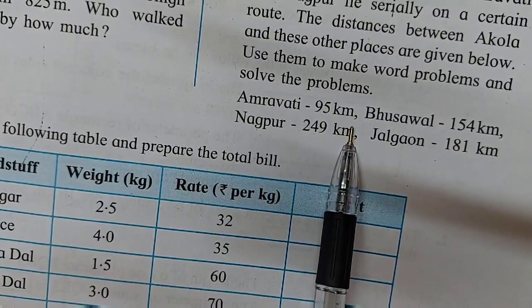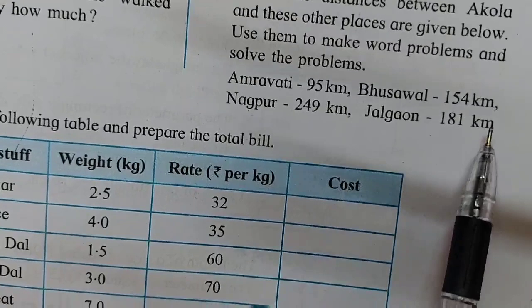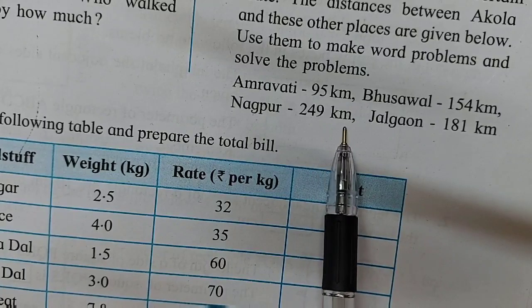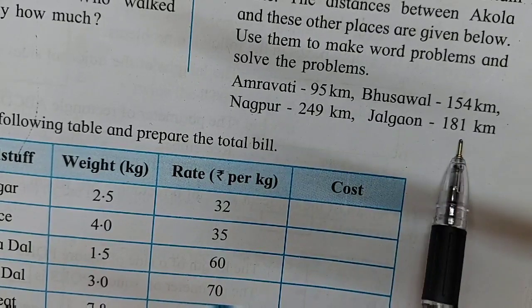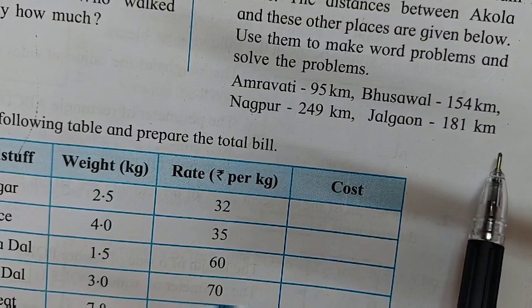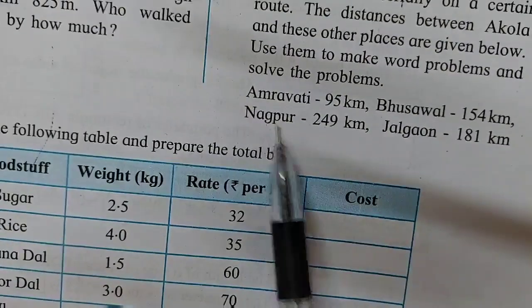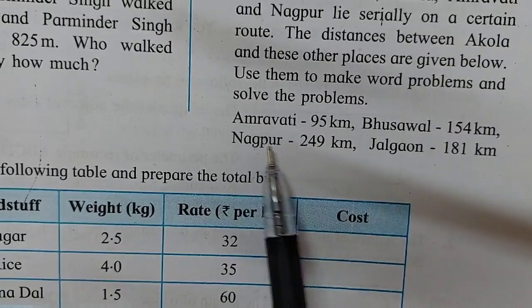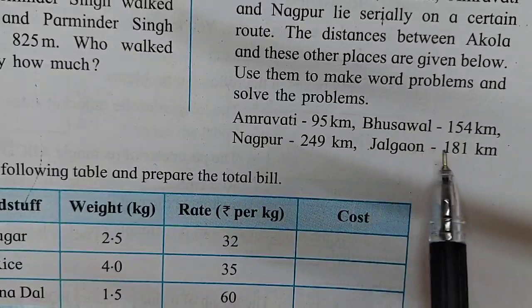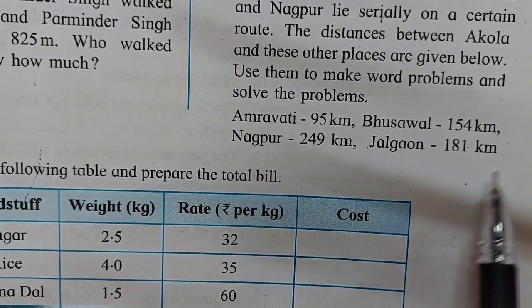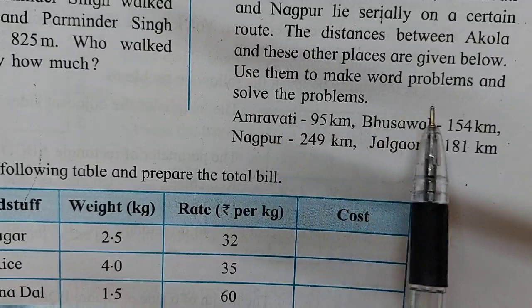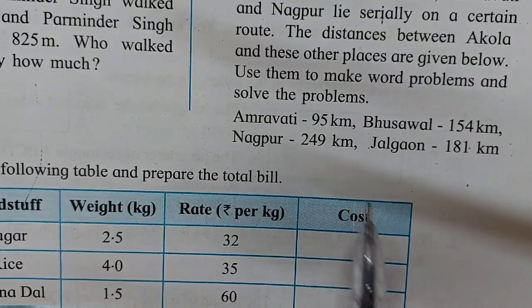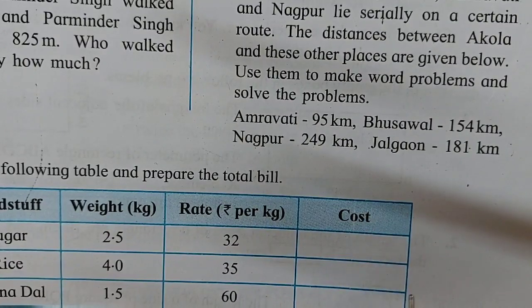Amravati is 95 km, Bhusawal is 154 km, Nagpur is 249 kilometers and Jalgaon is 181 km. Did you understand the question children? Now these distances are given from Akola. Akola to Nagpur is 95. Akola to Bhusawal is 154 kilometers. Like that, we have to use this information and make a word problem and solve it.